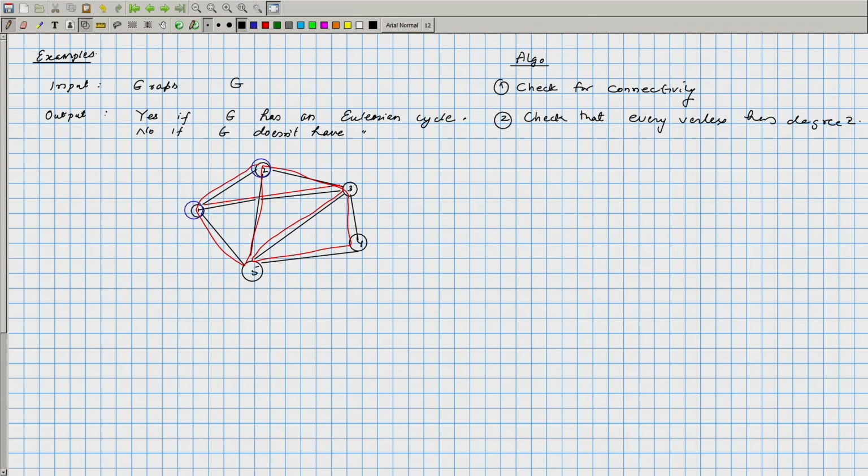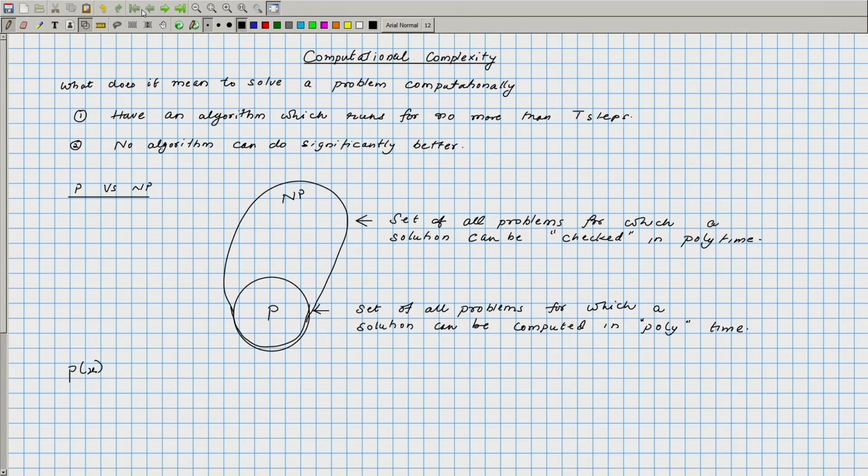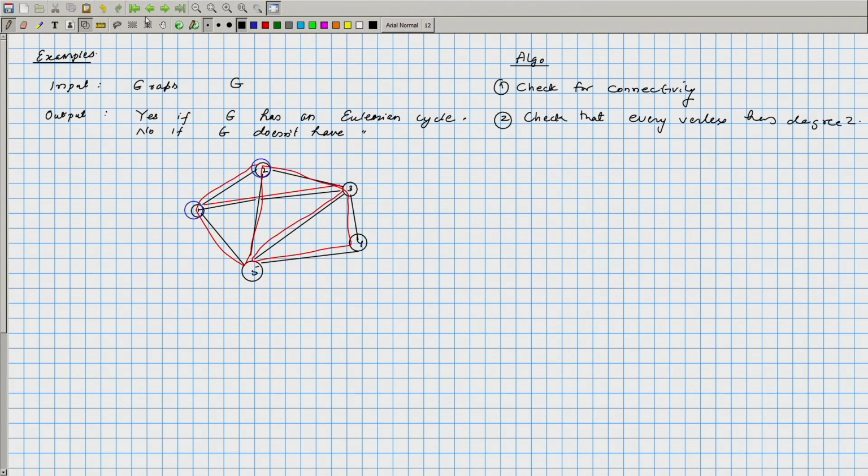So, this is a polynomial time algorithm. One can see that the solution can be computed. Based on this algorithm, one can in fact find an Eulerian cycle, and if somebody gives an Eulerian cycle, we can even check it. So, both finding and checking are easy.